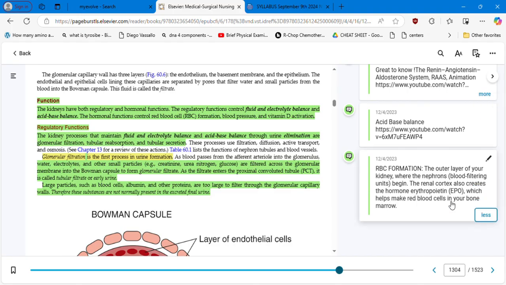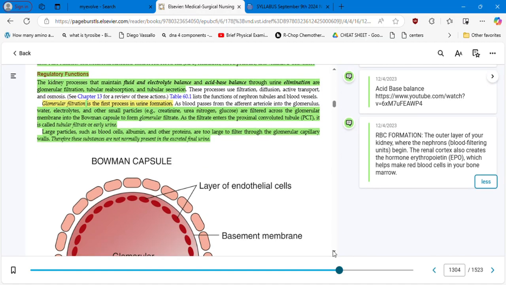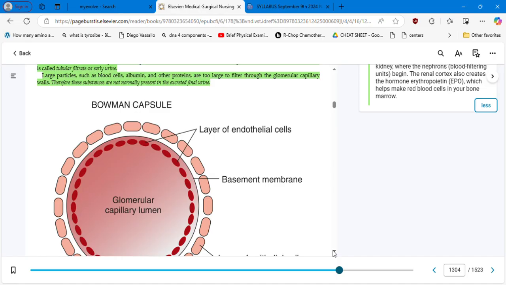Remember your RBC formation: the renal cortex is the outer layer of the kidneys where the nephrons, the blood filtering units, begin. Remember that definition. It also creates the hormone erythropoietin, which helps make red blood cells in your bone marrow. Erythropoietin, renal cortex.